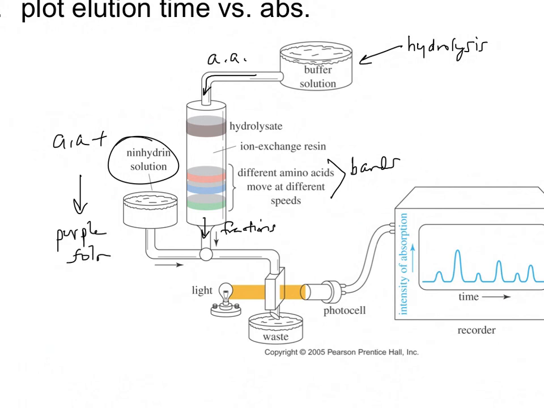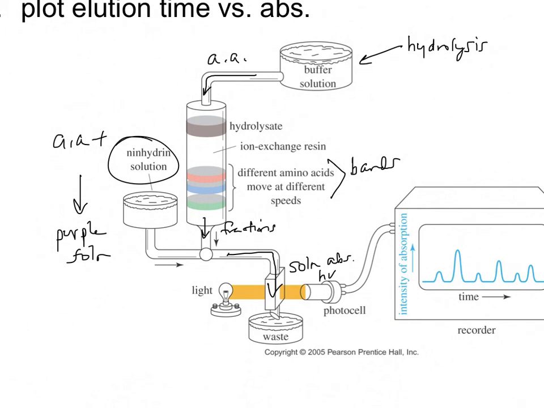So you get this purple solution, and then it flows into something that light shines through. It's almost like a spectrophotometer. So light shines through the purple solution, and the solution will absorb light.